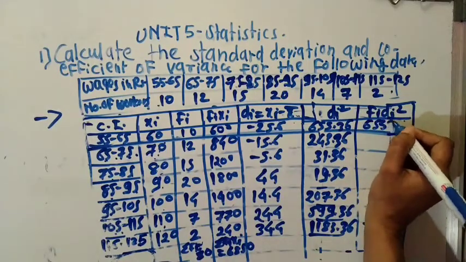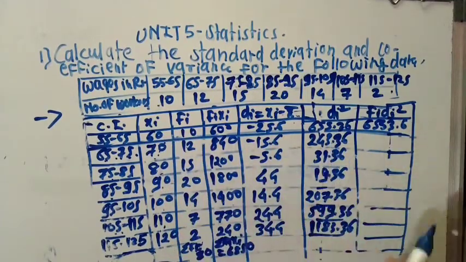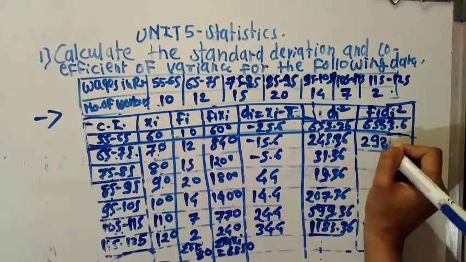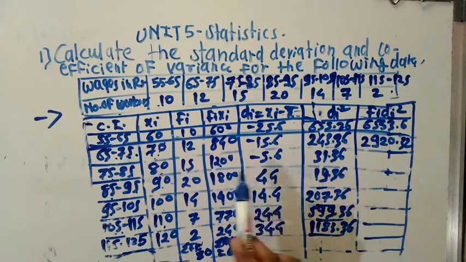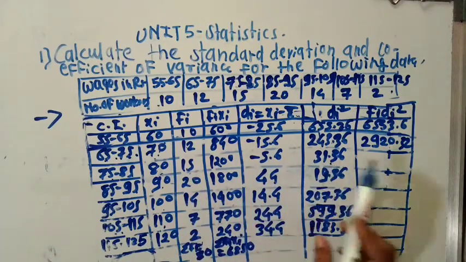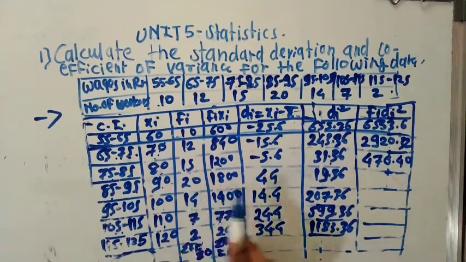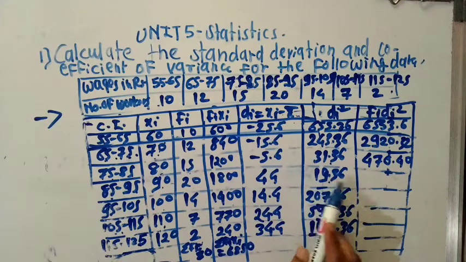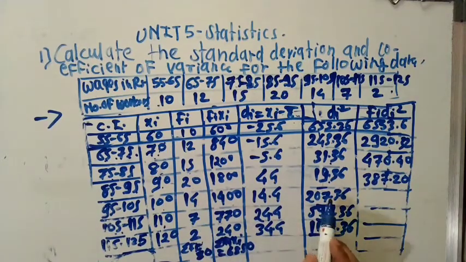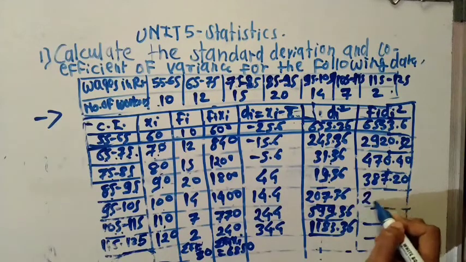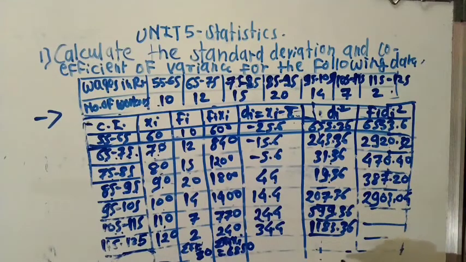Then find out fi into di square, means this into this: 6553.6. So 12 into this is 2920.32. Then 15 into this is 470.40. Then 20 into 90.36 is 387.20. 40 into this is 2903.04.